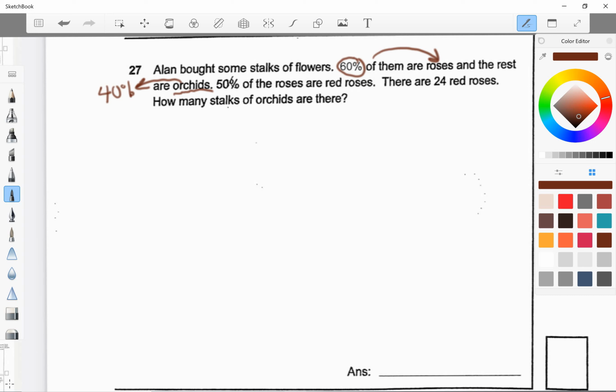And there is a further percentage: 50% of the roses are red roses. And finally, they mention that there are 24 red roses, and they're asking us how many stalks of orchids there are.